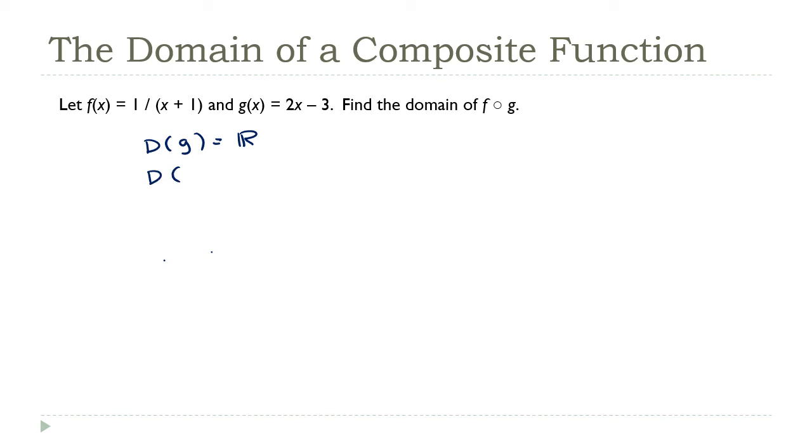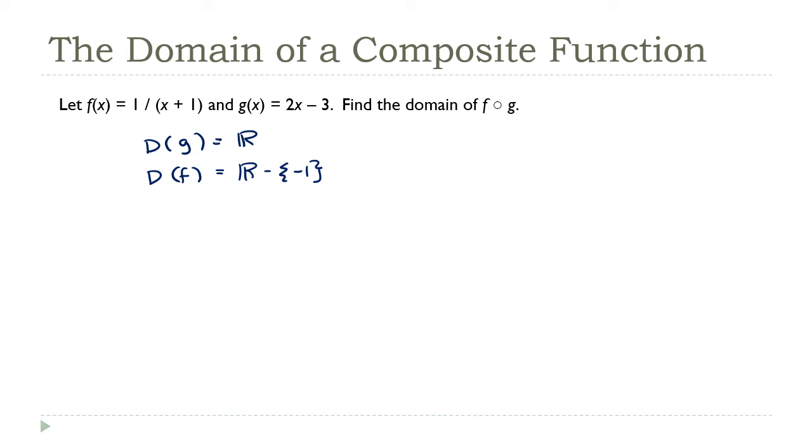The domain of the F function is all real numbers except -1, since -1 makes the denominator of f equal to 0. That's not allowed. All right, so now how can we find the domain of the composition? Well, step number 1 says rule out all of the numbers that aren't part of the domain of G. Well, the domain of G is all real numbers, so we're not losing anything off of the G function.